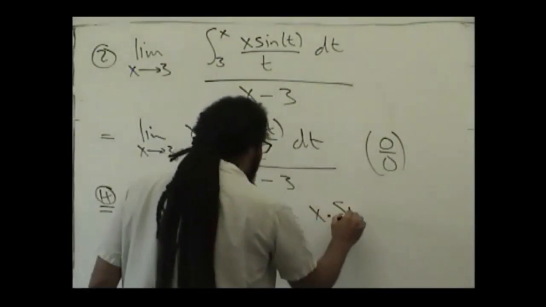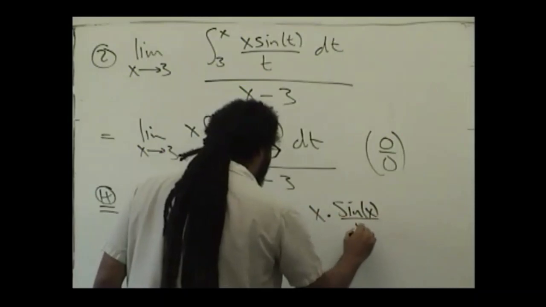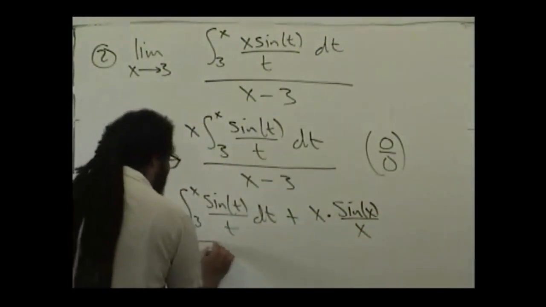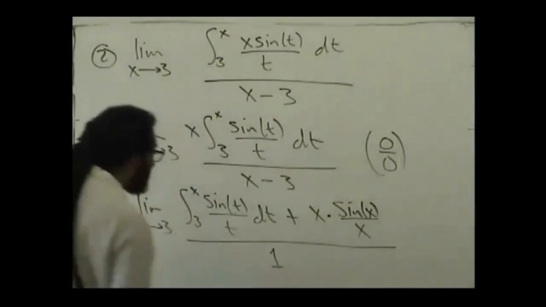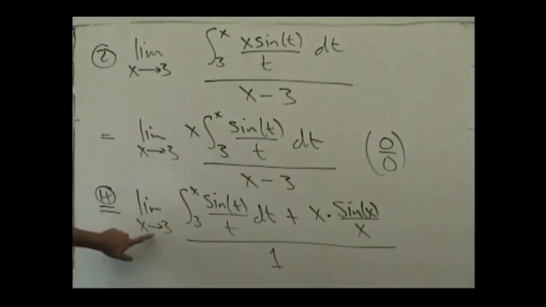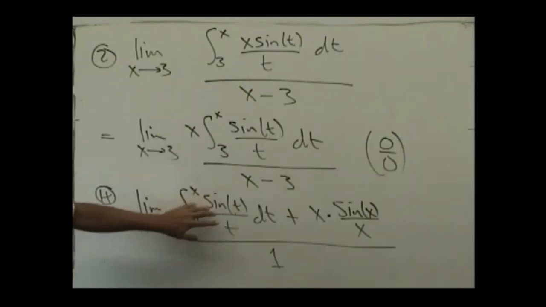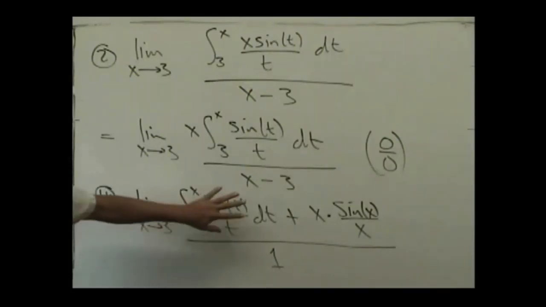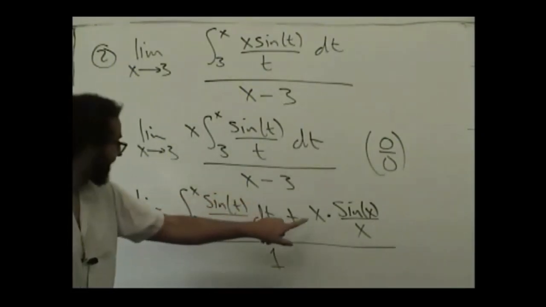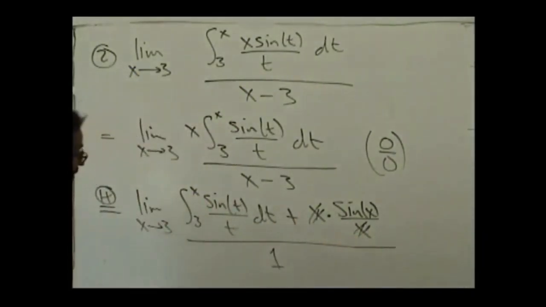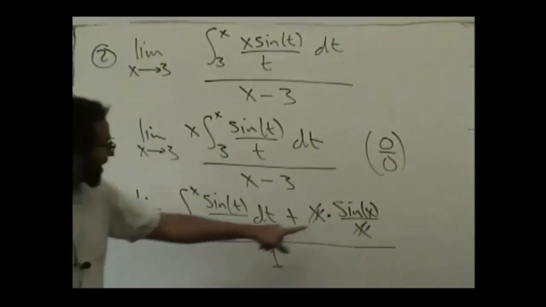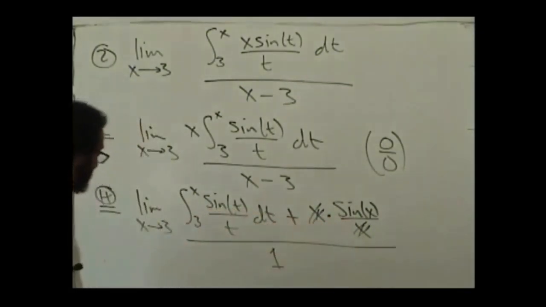So that's just sine x over x. And now the derivative of the thing in the bottom is just 1. So now I've got the limit as x approaches 3 of the integral from 3 to x of sine of t over t dt, plus x times sine of x over x. You can cancel out the x's, and so you're just left with sine of x.